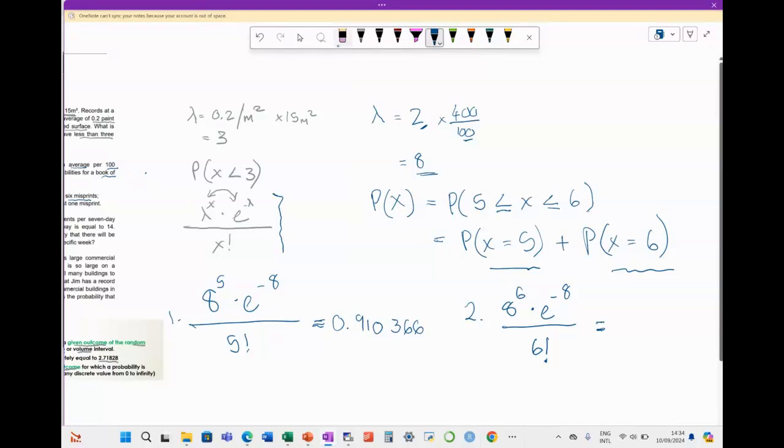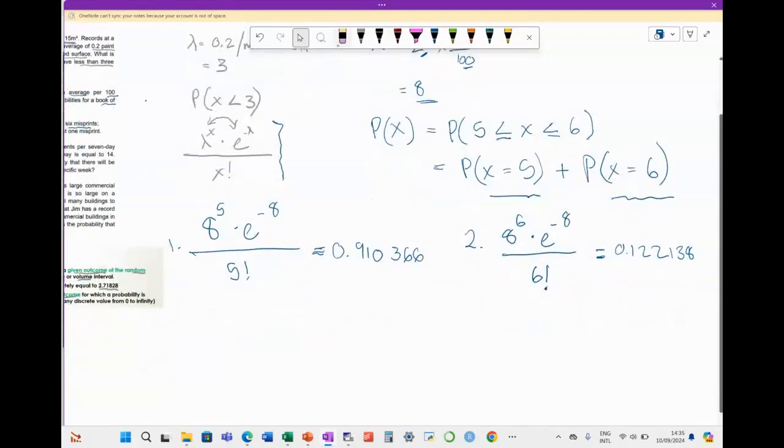And here? 0.138. And when you add those two together, you should get 0.2137 if I round off to 4 decimal places.